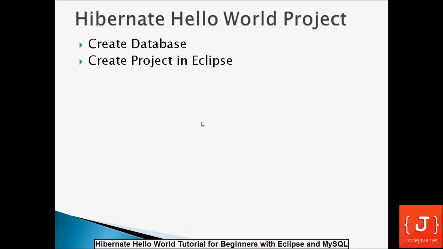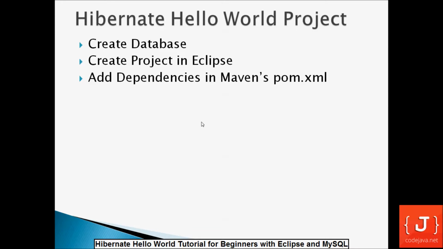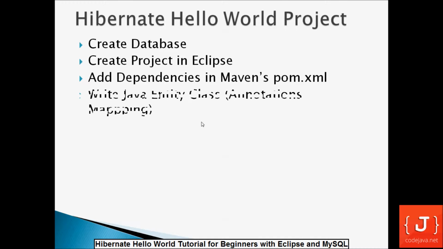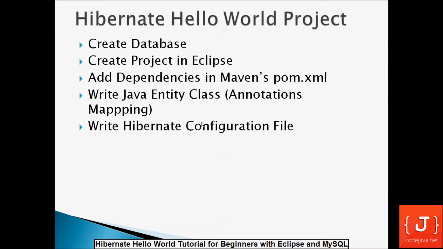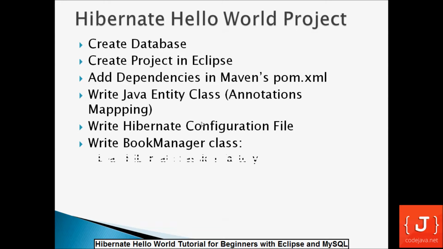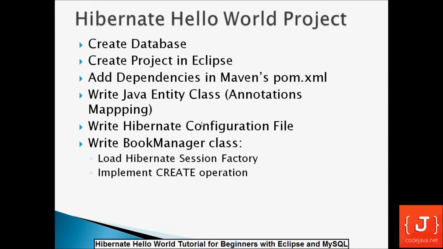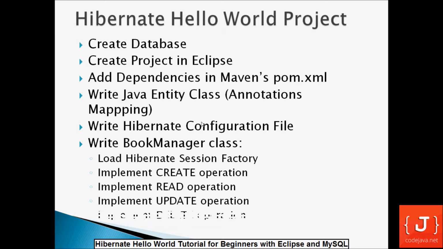Create a database, create a project in Eclipse, add dependencies in Maven pom.xml file, write Java entity class with annotation mapping, write Hibernate configuration file, and write a book manager class that loads Hibernate SessionFactory and implements the CRUD operations: create, read, update, and delete.